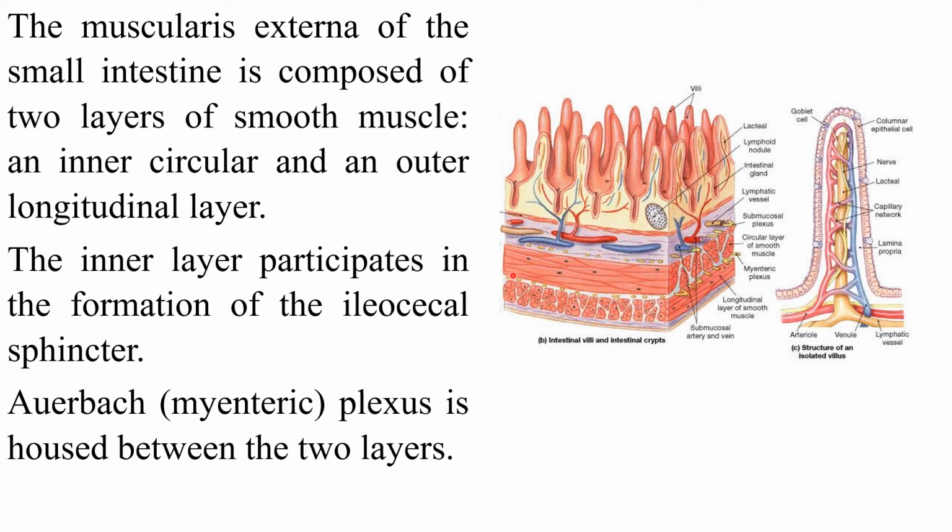The next part in the histology of the small intestine is the muscularis externa. The muscularis externa of the small intestine is composed of two layers of smooth muscle, an inner circular and an outer longitudinal layer.